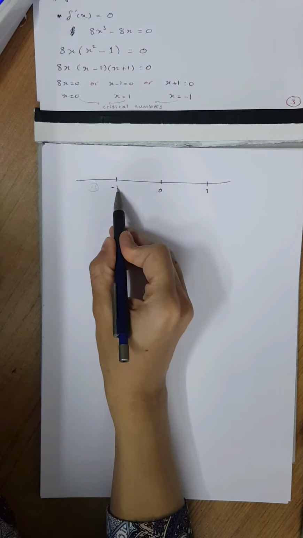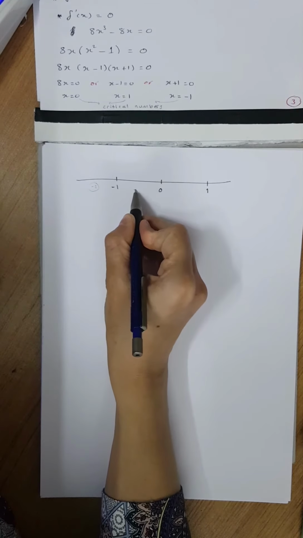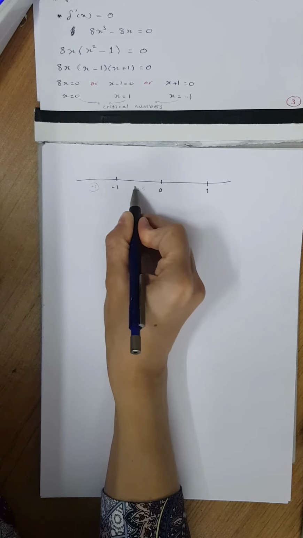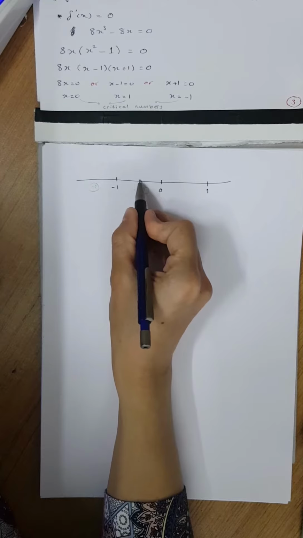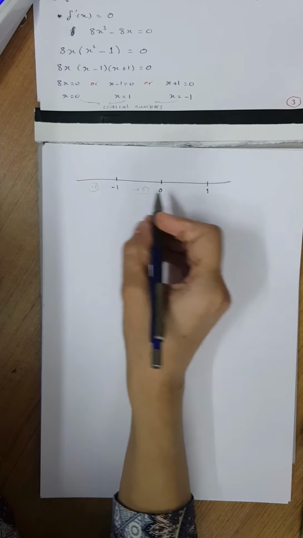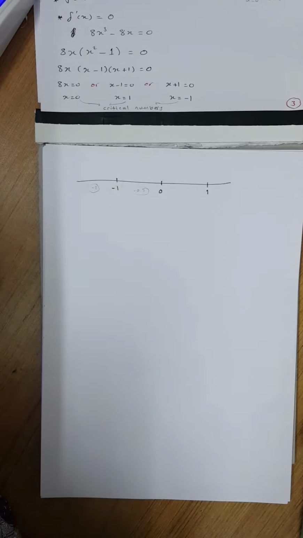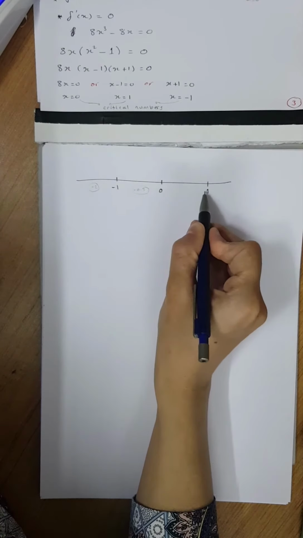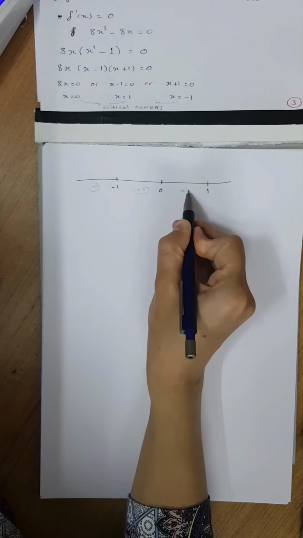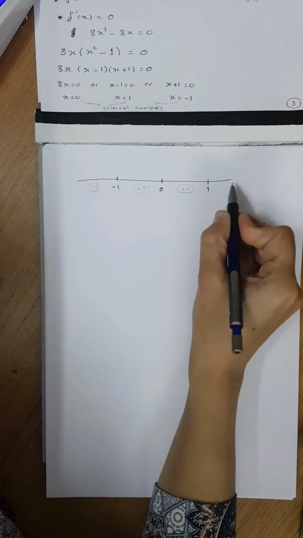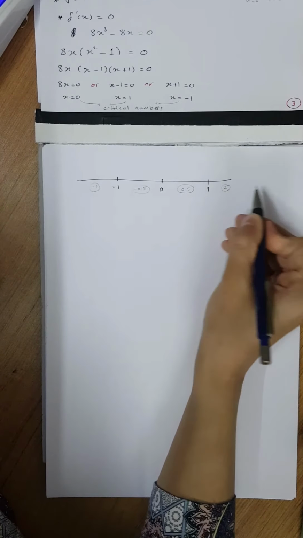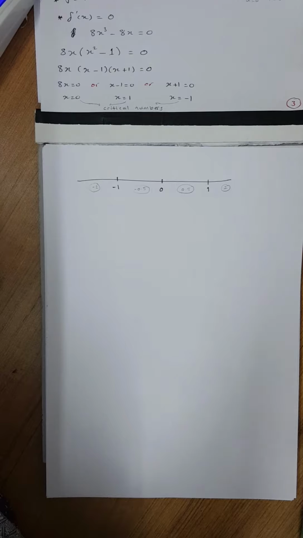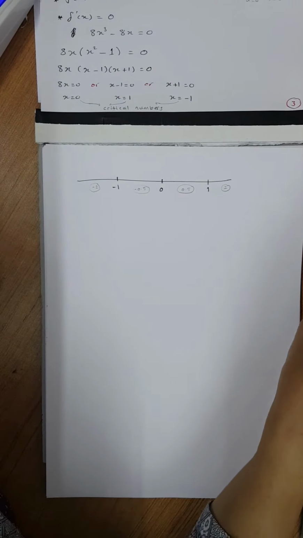A number that's between minus 1 and 0, choose minus half. Please do not put those numbers on the real number line, because these ones are the test numbers. A number between 0 and 1, let's choose half, and the number greater than 1, let's choose 2. As I told you, you can choose any other numbers, but those are the easiest ones to deal with.